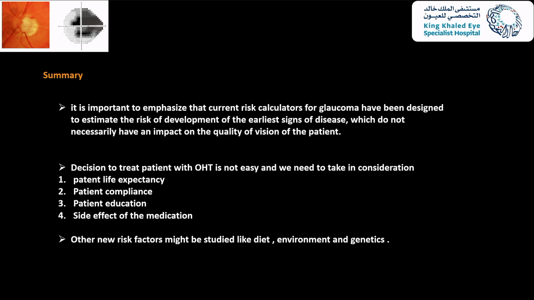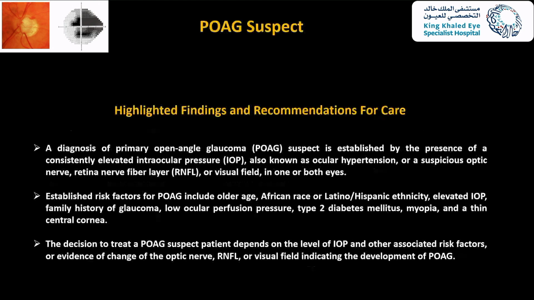So the decision to treat a patient with ocular hypertension is not easy. We need to take into consideration the patient's life expectancy, patient compliance, patient education, and side effects of the ocular medication. So this is the highlighted finding and recommendation for care by the Preferred Practice Pattern.